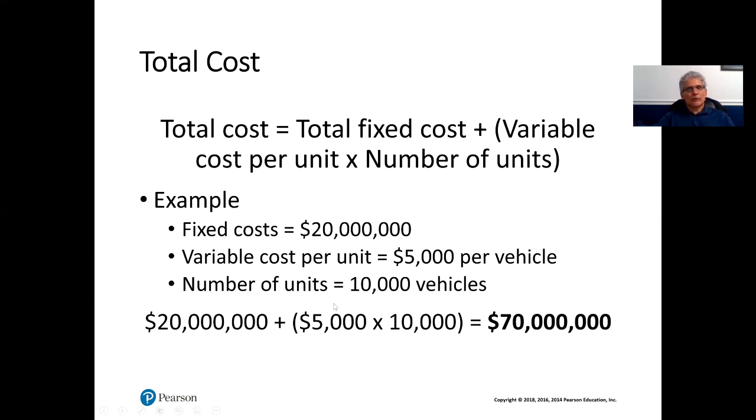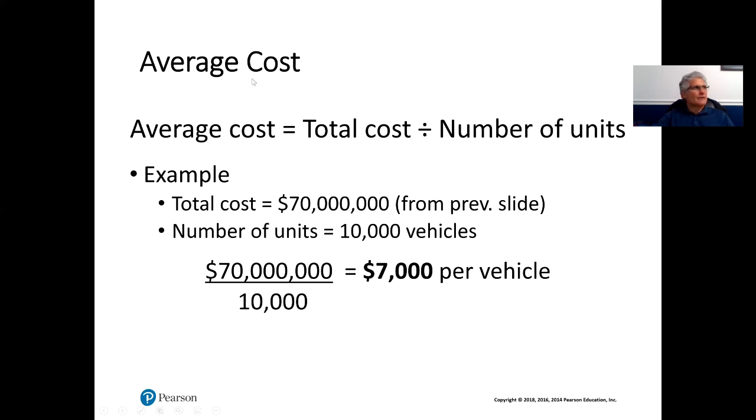We're going to use the order of operations here. First is what is in parentheses. 5,000 multiplied by 10,000 gives us 50 million. We take 50 million and add to that 20 million, and that gives us 70 million. Fixed plus variable gives us our total costs.